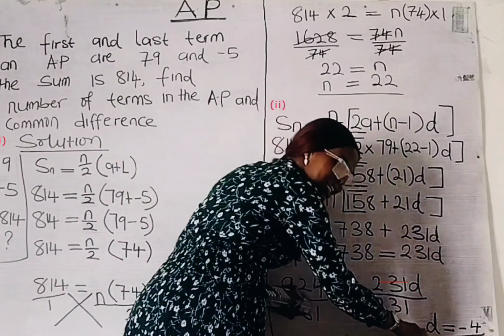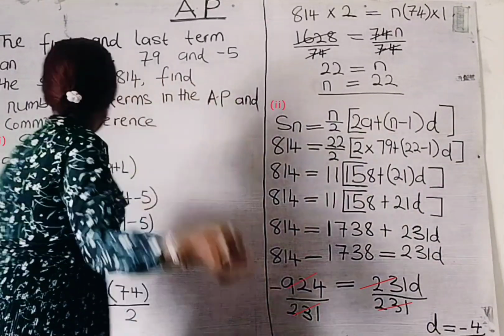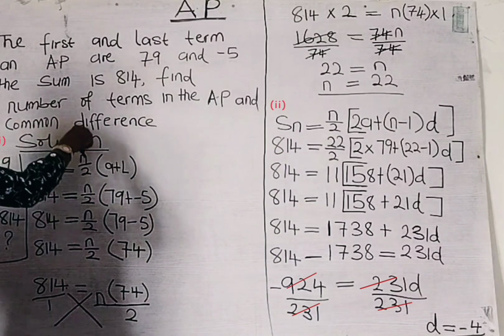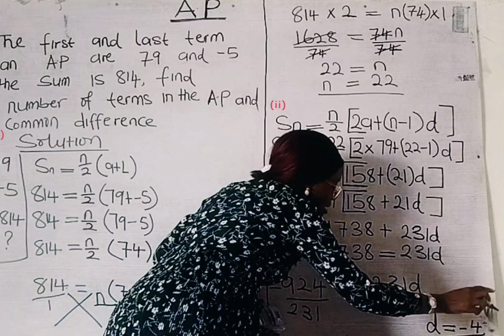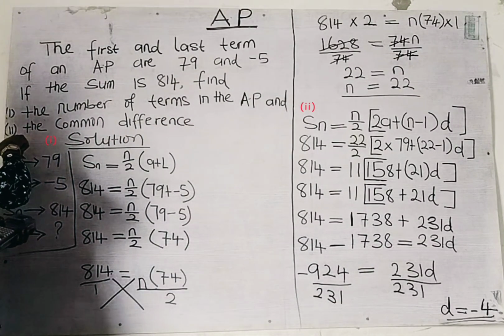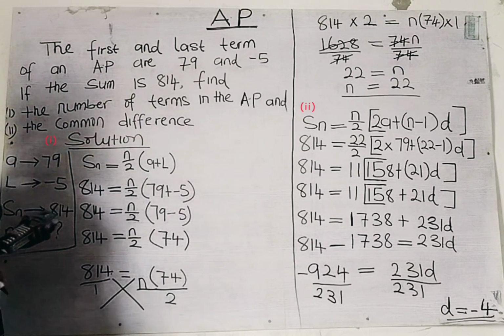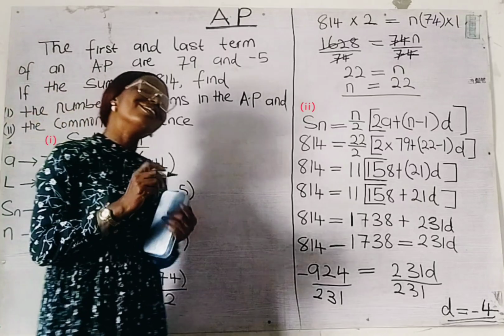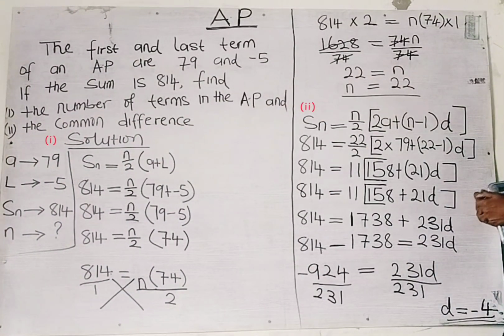So our D is equals to minus 4. D, which represents the common difference in this AP, is minus 4. So we have solved the second question now, number II, the common difference. Hope you understand, and understand very, very well.